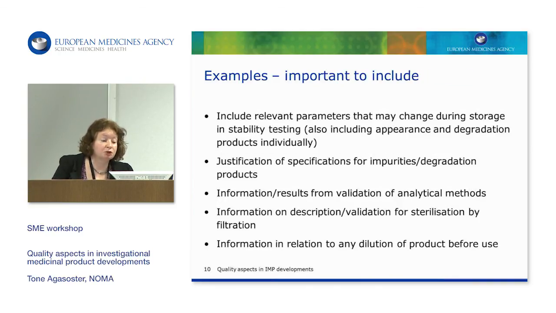And I've also included some examples of what kind of information is important to include. So, little trivial examples of what companies sometimes forget. It's important for stability testing to include relevant parameters that may change during storage, also including appearance and degradation products individually. And to provide justification of specifications for impurities and degradation products.